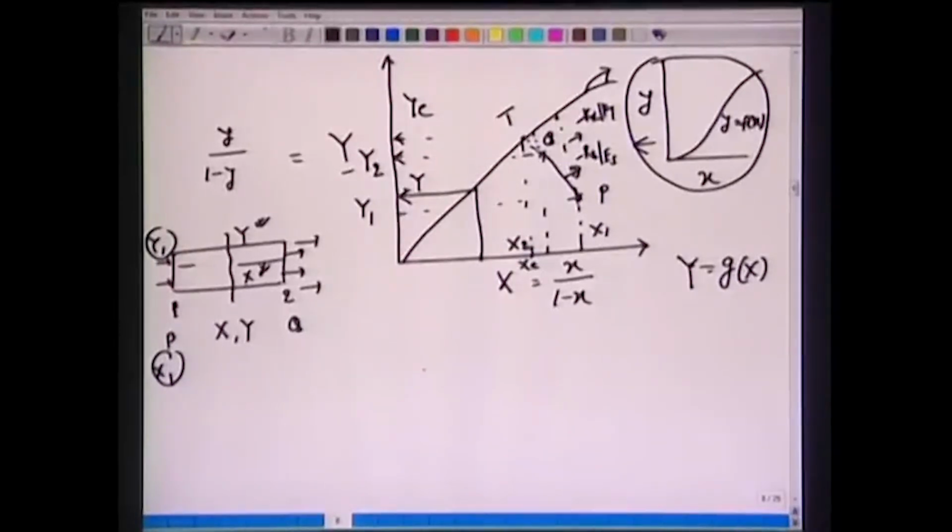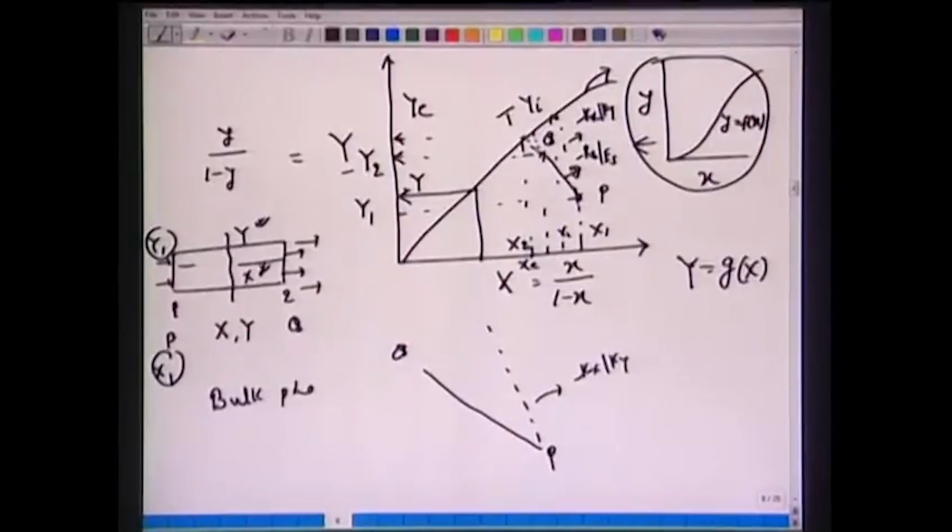Let's redraw the operating curve PQ, and we draw another line of slope minus kx over ky. Wherever this intersects the equilibrium curve, right here, this will give you the interfacial concentration yi, and corresponding to this we will get xi. So it's very important that we mark all these points: bulk phase concentrations and interfacial concentrations.